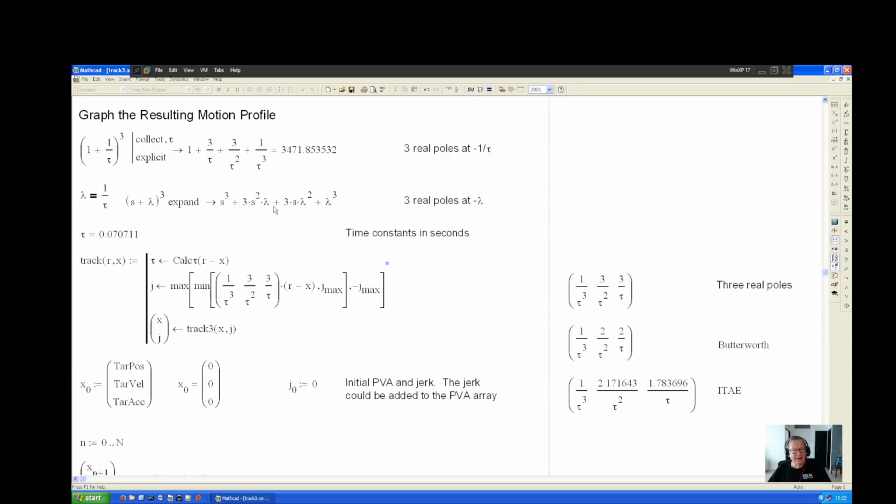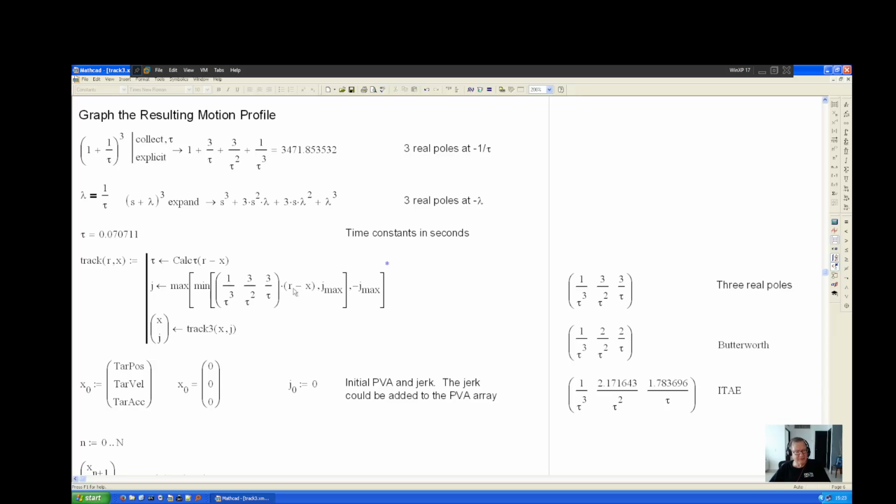I did this simulation a long time ago, probably before 2010, and I was probably using time constants at that time instead of frequency. So this is calculating the dynamic time constant, and this is what calculates the jerk. These come from this equation here, and then this is the target position, velocity, and acceleration.